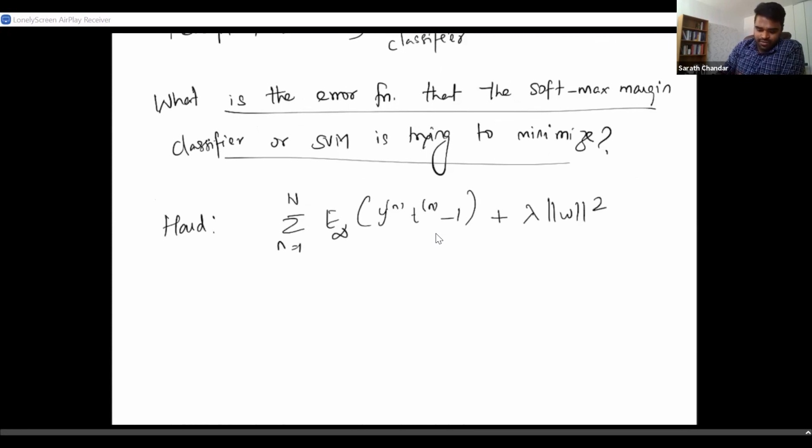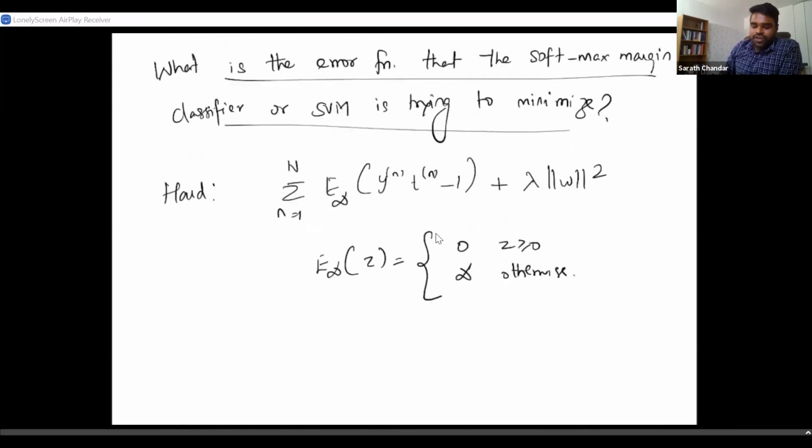Is that correct? Let's go back and check. Yeah. Okay. Where the E infinity function was given as 0 if z is greater than or equal to 0 and infinity otherwise, right? So this hard max margin classifier had a very hard constraint that every example in the class has to lie outside the margin, right?